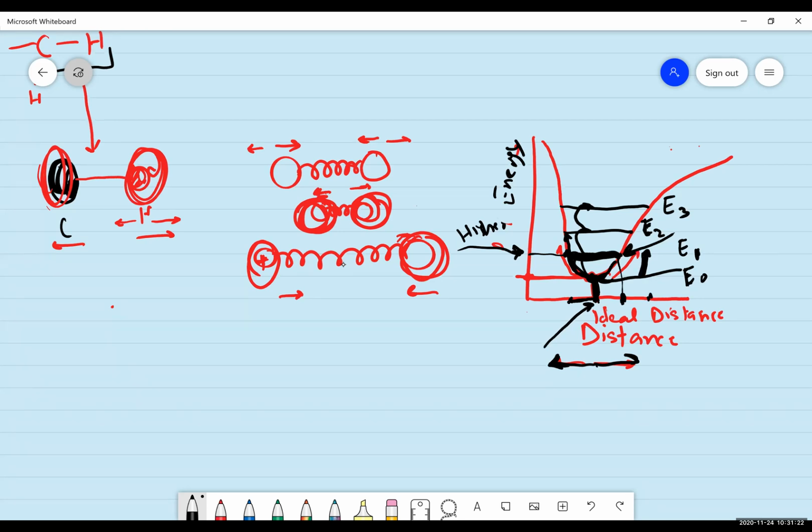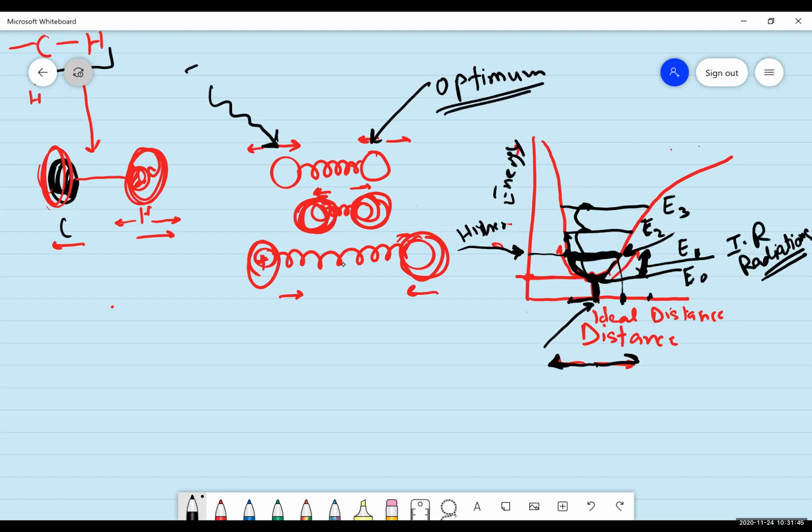And this energy matches up with the energy from infrared radiation. So if you have a bond at its optimum distance, and infrared radiation falls on it, this radiation gives enough energy to the bond so that it can squeeze or expand, because in squeezing, the bond distance decreases and energy is higher.